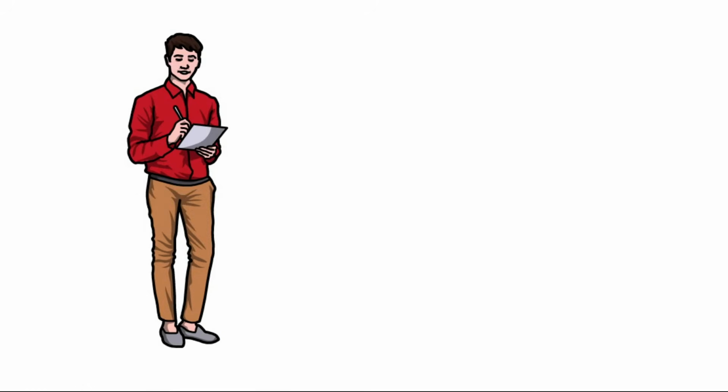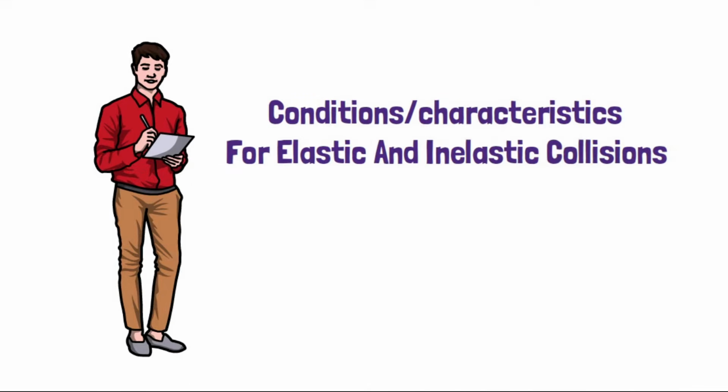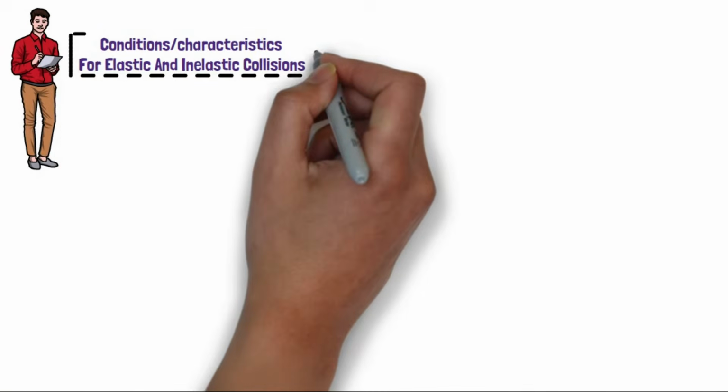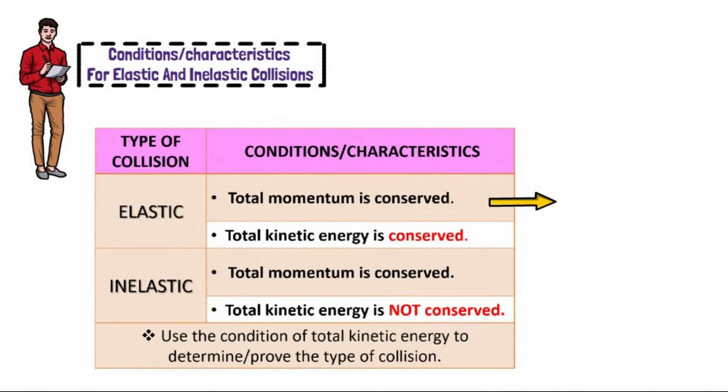Jadi, sekarang kita akan tengok pula condition or characteristics for elastic and inelastic collision. Apa beza elastic and inelastic collisions? So, based on this table, we can conclude that total momentum for elastic and inelastic collision is conserved.